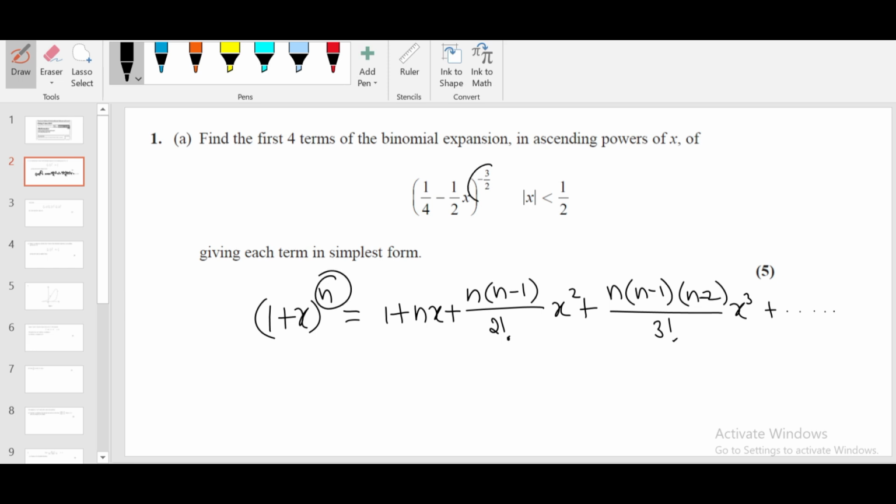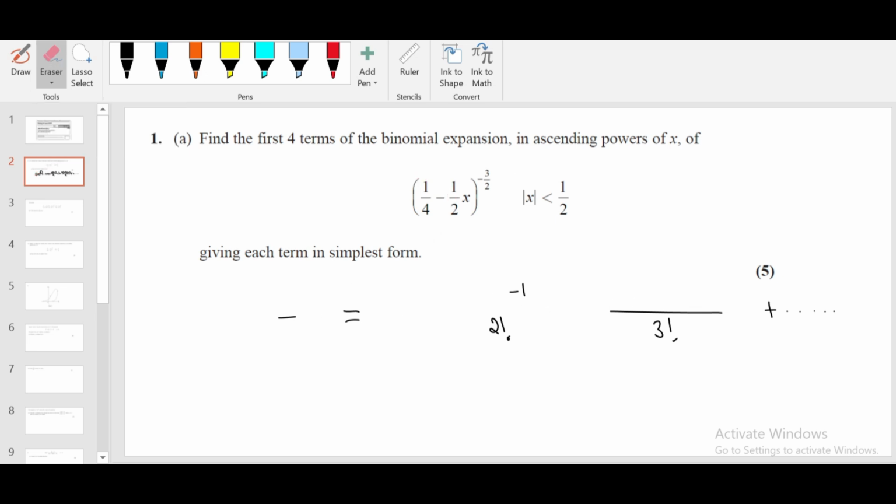It can be any number, positive, negative, fraction, anything. And the second term we take as x. The first term has to be 1. You cannot have any other number there. You see, you have 1 over 4 here. You need to change it to 1 actually. This binomial expansion is given in the data booklet. You can copy it from there if you don't want to memorize.